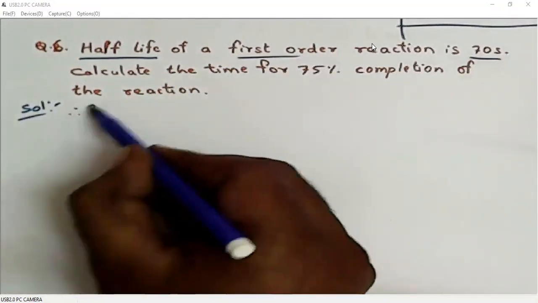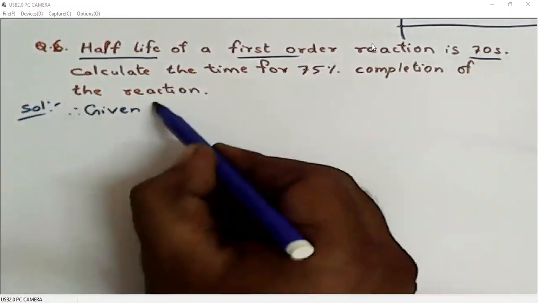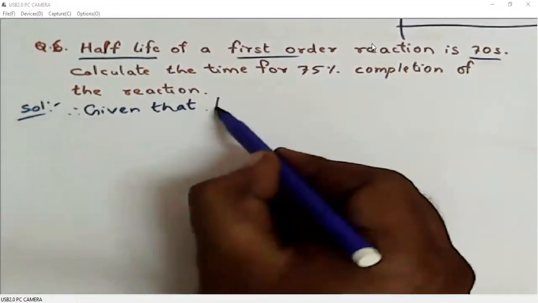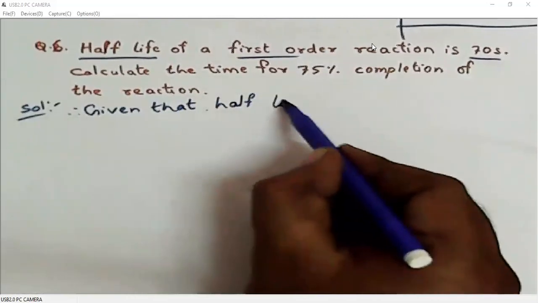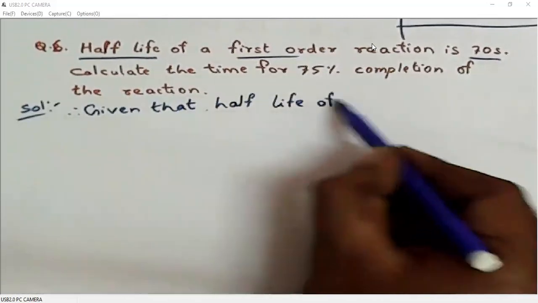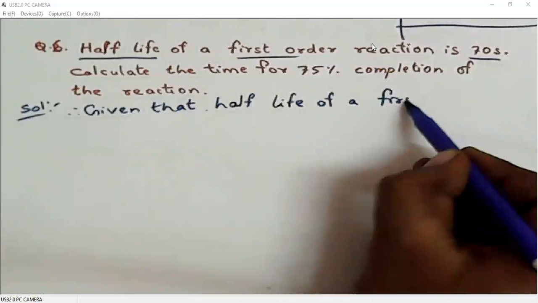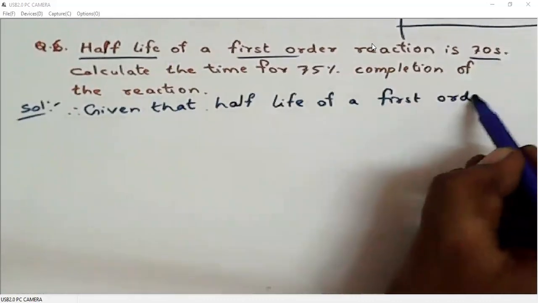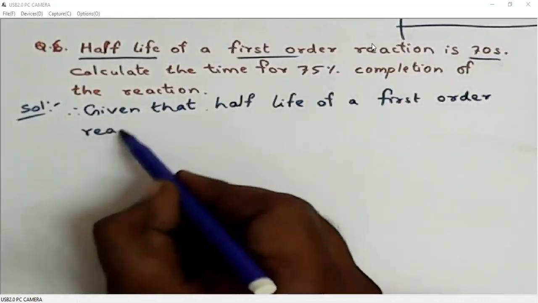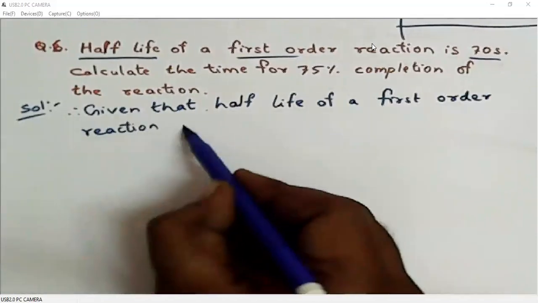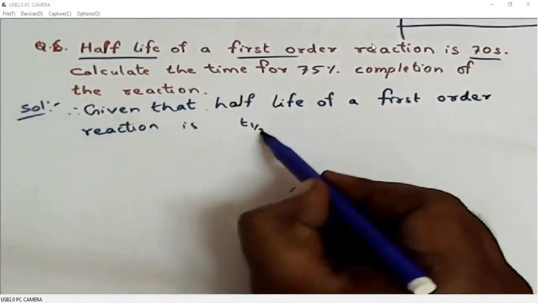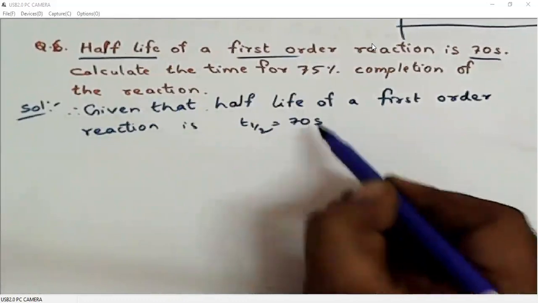Therefore, we will write that given that half-life of a first order reaction is T half equal to 70 seconds.